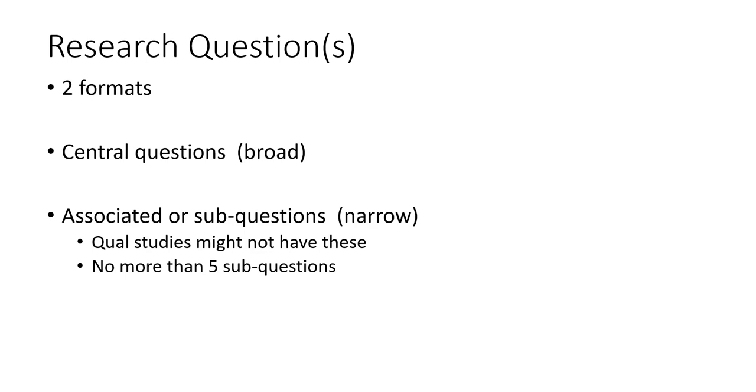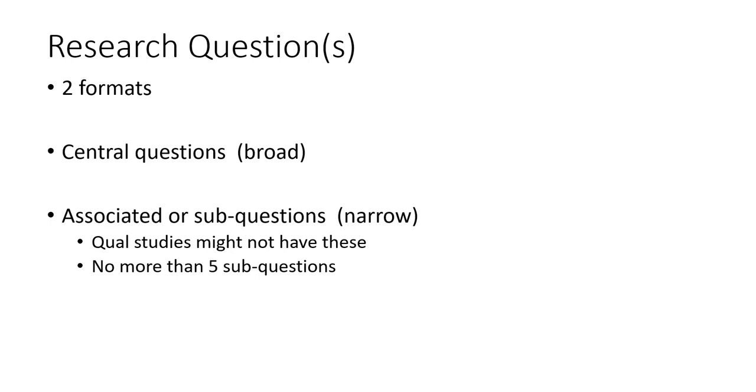When we look at research questions, there's basically two formats for writing a research question. One is a central question, which happens to be broad, and then the second format is associated or sub-questions, which are more narrow. Typically, qualitative studies have a large central broad question or a couple, maybe two central broad questions.